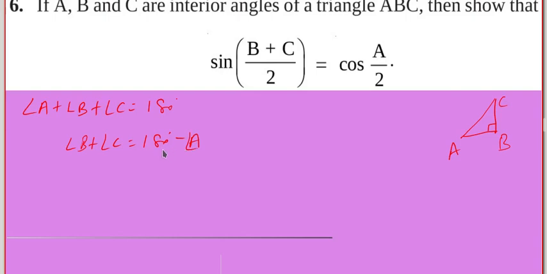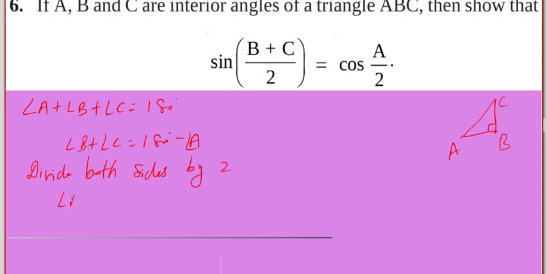Now we need B plus C by 2 and we have A by 2, isn't it? So to get B plus C by 2, we need to divide both sides by 2.